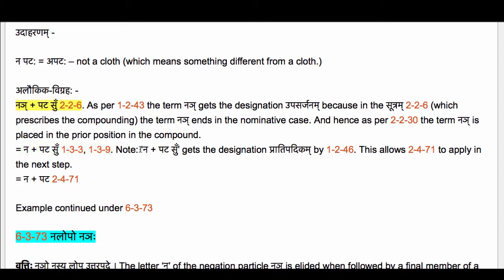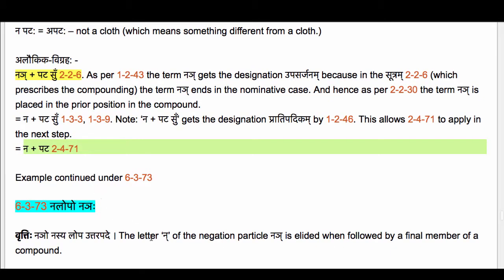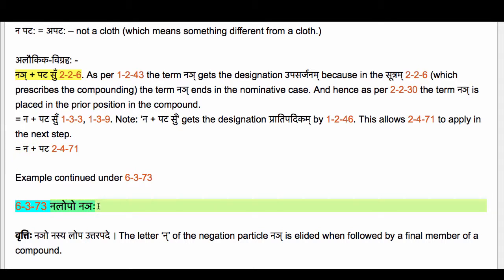Now na pata su gets the designation pratipadikam by 1246 krit tadita samasascha, because we have formed a samasaha, which allows us to apply 2471 supo dhatu pratipadikayoho, performing the look elision on the sup affix su, which is inside the compound. So we get na pata. At this stage we have to perform the elision, the lopaha of the letter na, which is at the beginning of the particle nyai. For that we need the sutram 6373, na lopo nyanyaha. That will be our next sutram, so we can complete this compound apataha.